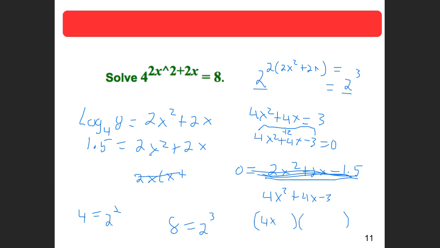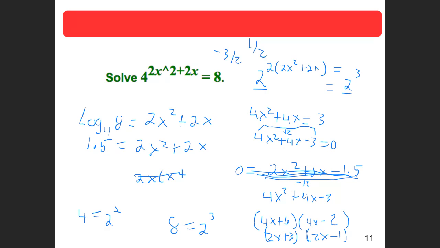I'm going to use the cheater method. So that gives me negative 12 up here. That's 6 and negative 2. So that gives me 2x plus 3 and 2x minus 1. So my answer to this problem would be negative 3/2 and 1/2.